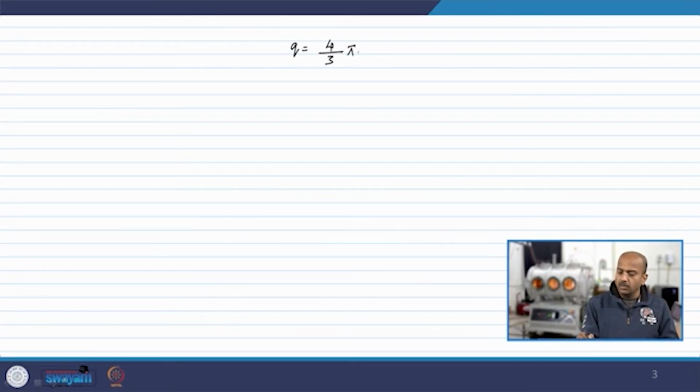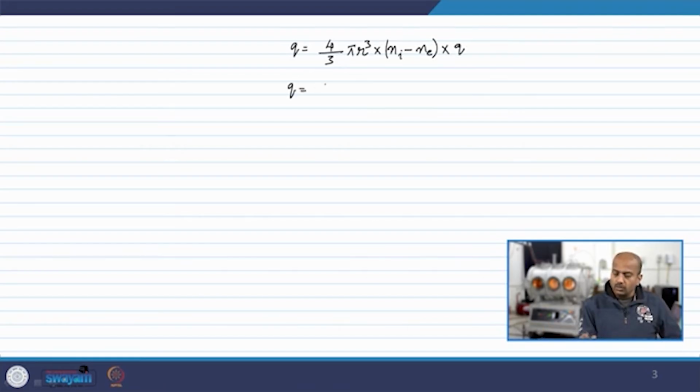Let us take it to the next slide. I will rewrite the expression. Q is equal to 4 by 3 pi r cube into Ni minus Ne multiplied by the charge.